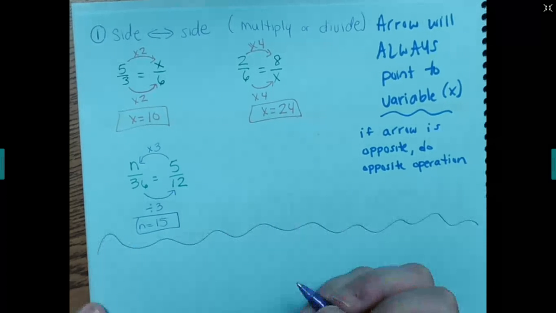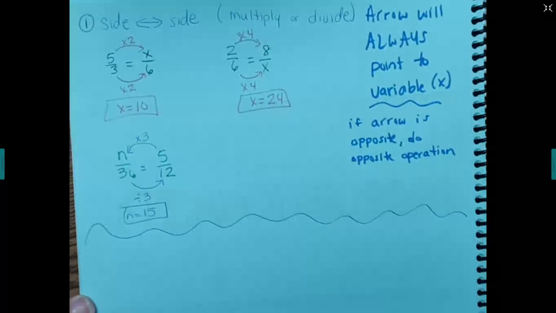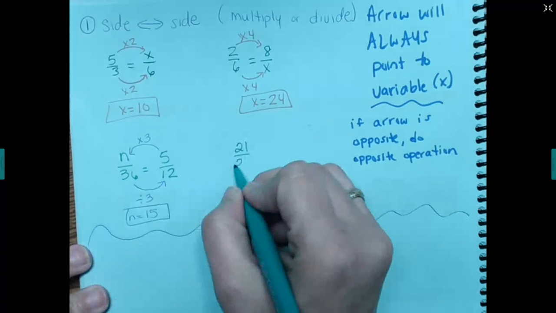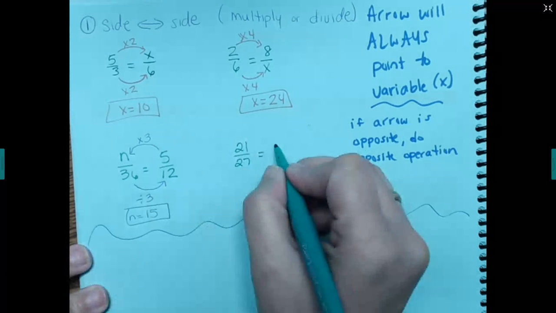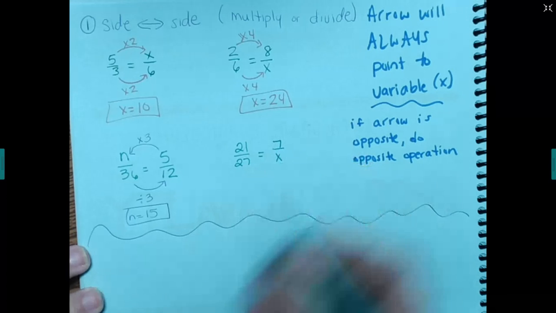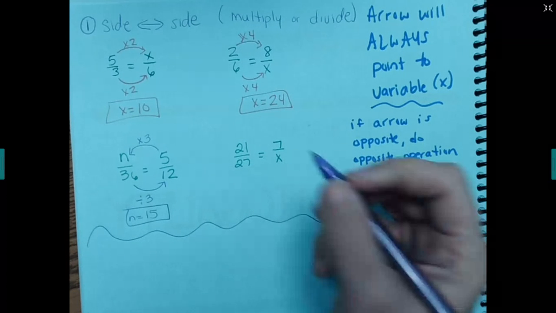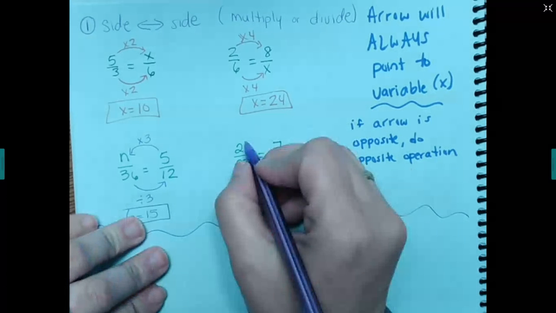Okay, one more. We'll do 21 over 27 equals 7 over x. So I'm going from 21 to 7. How do I get there?